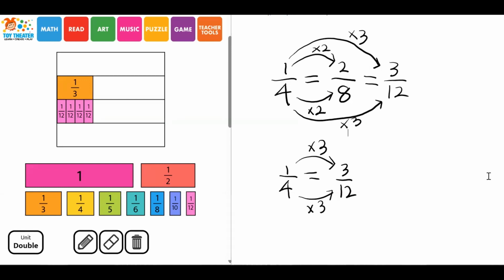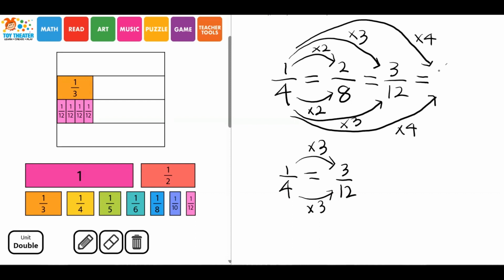Okay? So they asked me to find 3 equivalent fractions. So I have 2/8, 3/12, and I can find one more. If I multiply by 2 already, and then 3, can you tell what's the next number I should multiply by? So next, I will multiply by 4.